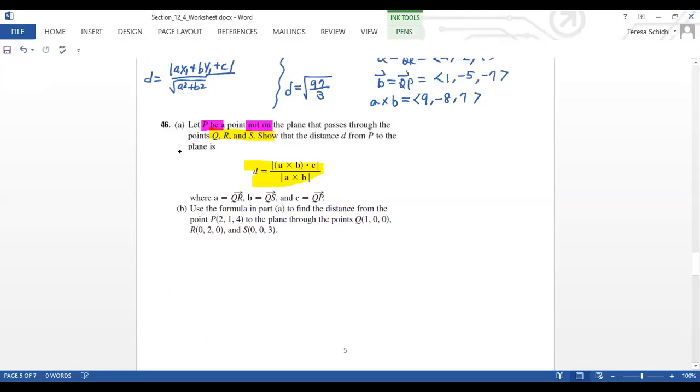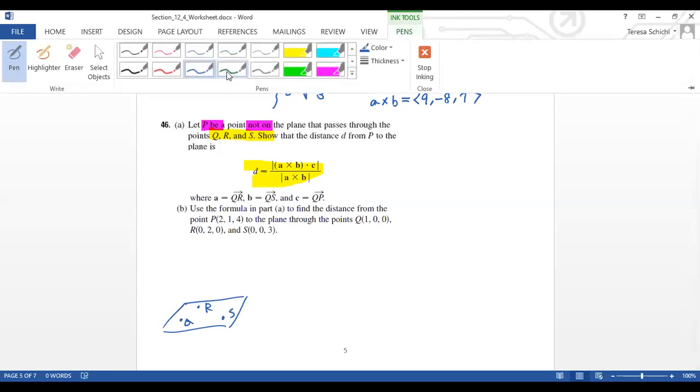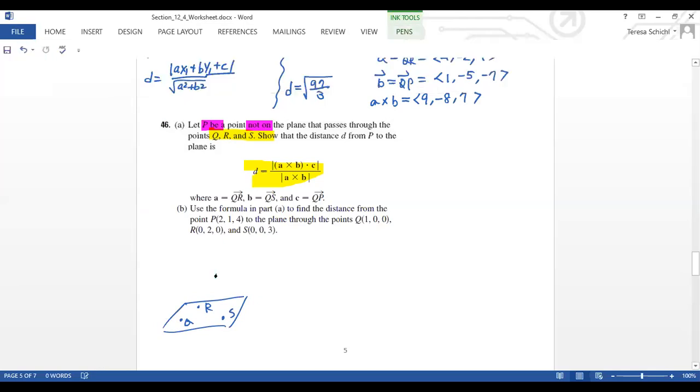Remember, this is my plane here. We know three points can span a plane, so this is Q, R, S, right? And we know the cross product will give you orthogonal vectors.